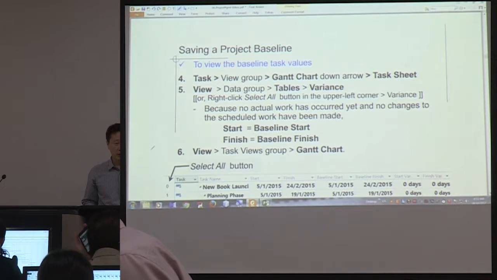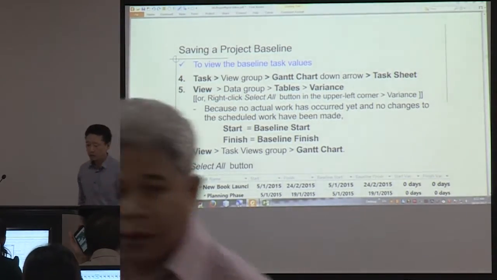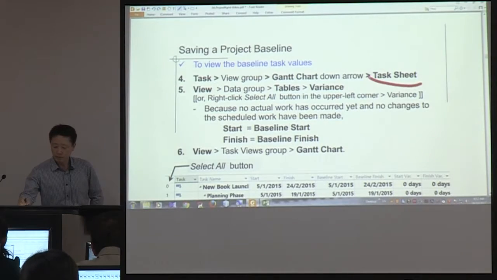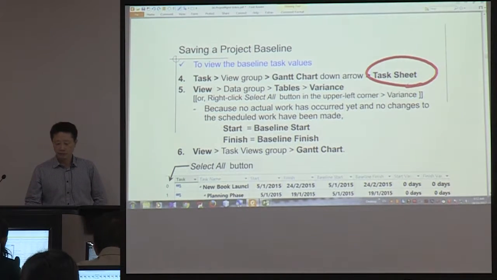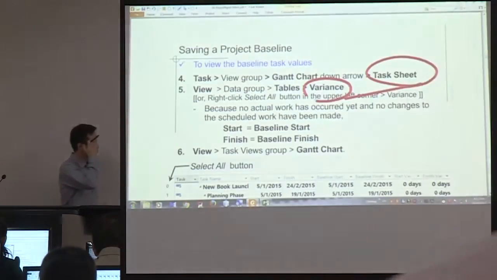So in this page, we are going to see actual saved values and current values, and we are going to compare. So you go to task sheet, and you are going to change the table to variance.